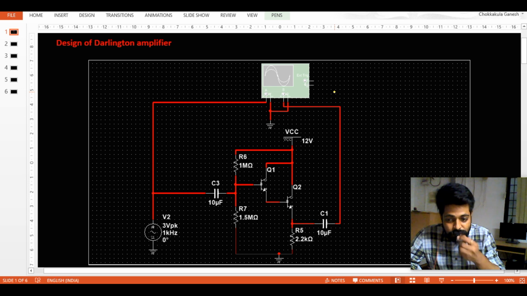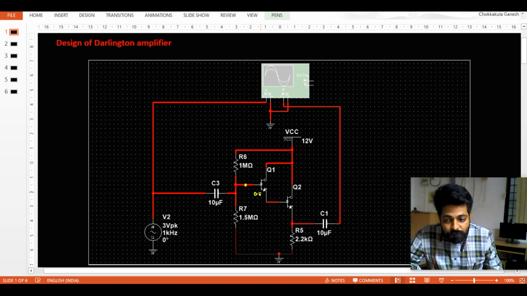in the previous session. Based on the operating point of the two transistors, I will be observing the value of this resistor, which is around 2.2, which I have available within the lab. Based on that, I choose this much, and I will be using a voltage requirement of this one.